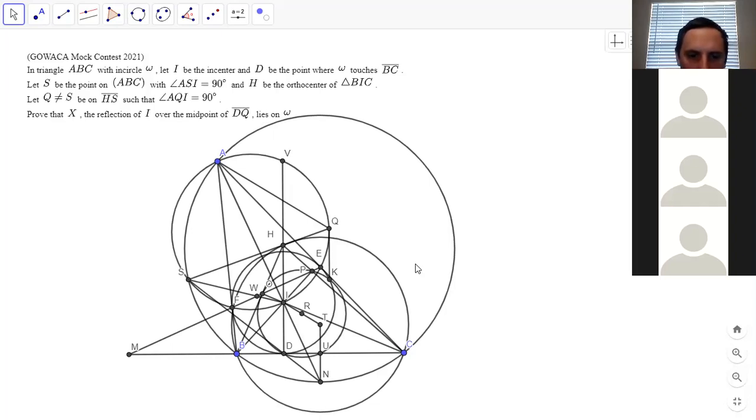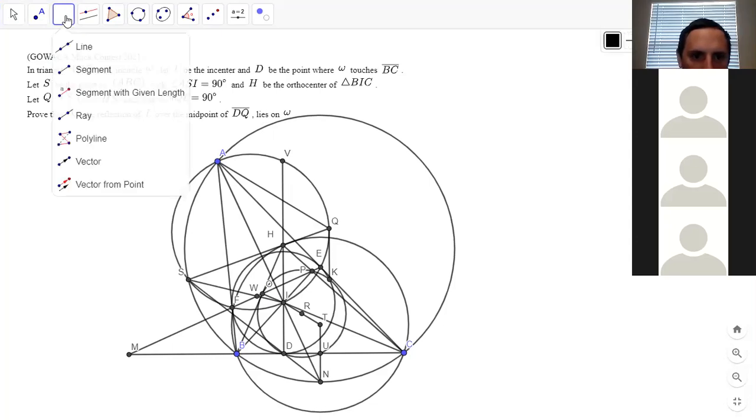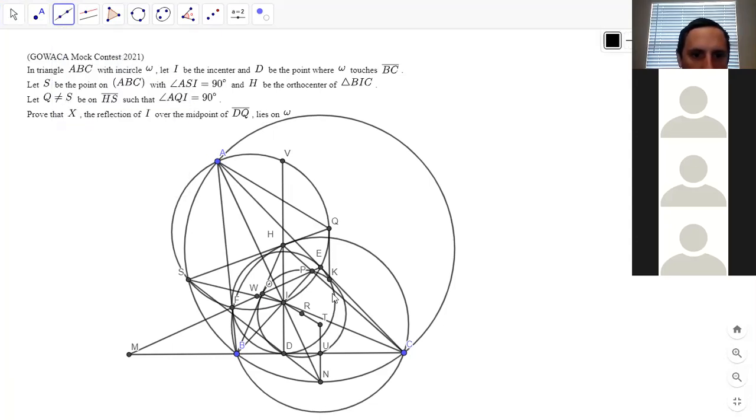Are V, P, T collinear? Yeah, they are not. But yeah, DW is perpendicular to EF. I don't know how much that helps. So DW is parallel to AI.